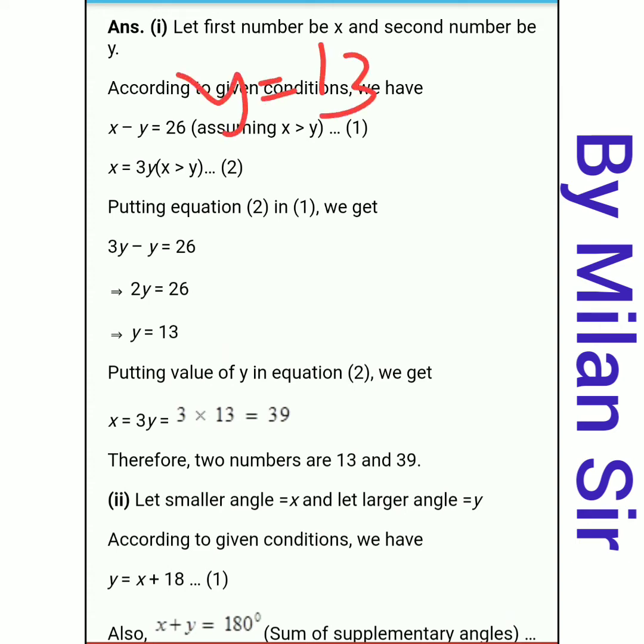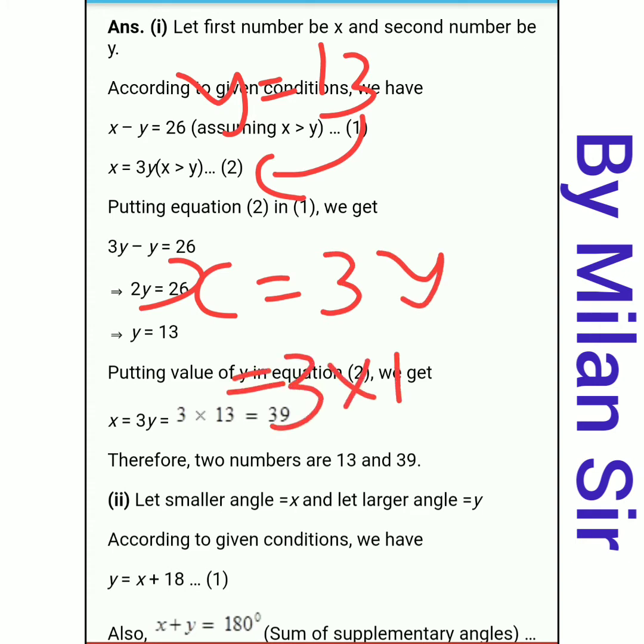Now put this y is equals to 13 in equation number 2. Our second equation is x is equal to 3y. So in place of y, just put 13. So 13 3s are 39. So here we get the value of x and value of y: y is equal to 13, x is equal to 39.